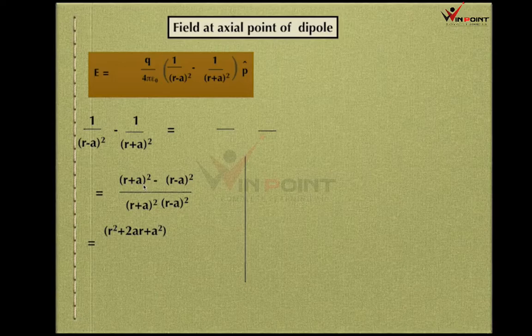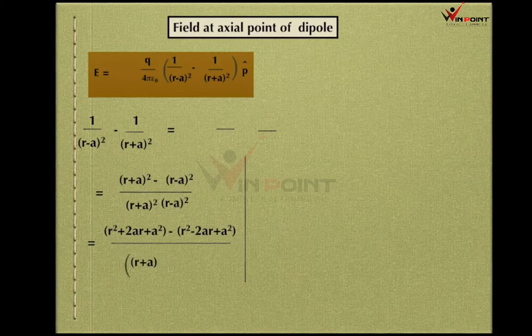Here we can use (a plus b) whole square, which is a square plus b square plus 2ab. So it will be r square plus 2ar plus a square, minus bracket r square minus 2ar plus a square. It is in the form of (a minus b) whole square, and here (r plus a) into (r minus a) whole square, because this square is common.